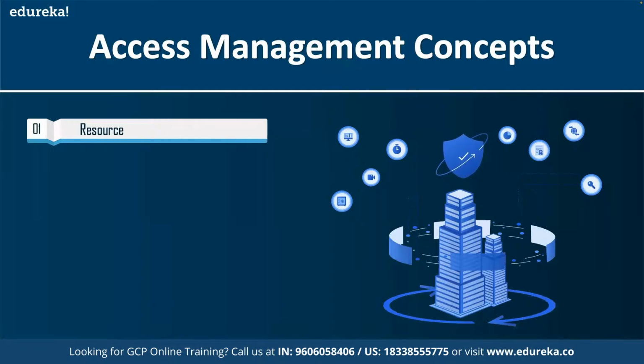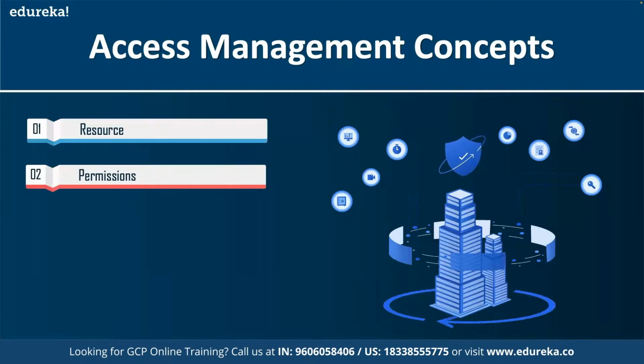Okay, so this is about the resource. The next concept that we have got is actually the permission. The permissions determine what operations are actually allowed on a resource. In the IAM world, the permissions are represented in the format of service.resource.verb. For example, pubsub.subscriptions.consume.